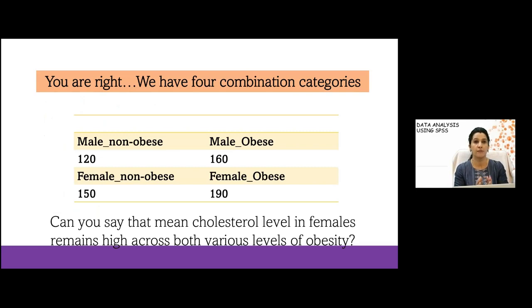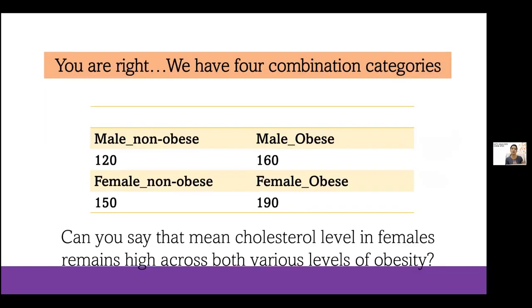Because by taking two variables, now we have got four cells, where the third cell is female non-obese.